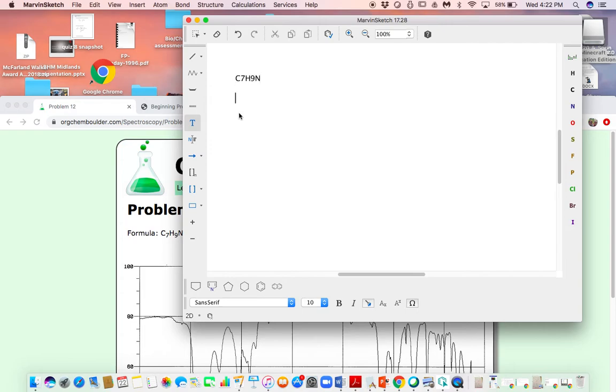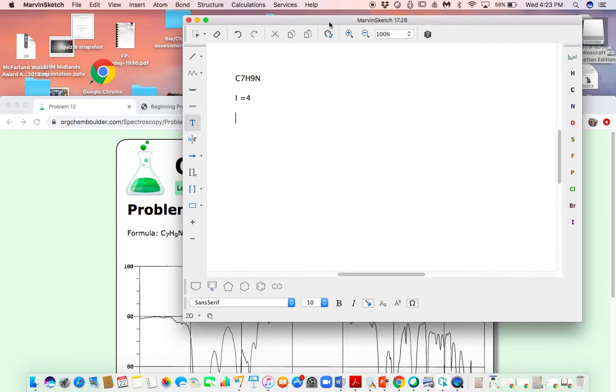All right. Now this one is going to be much different as far as the index goes. Once you plug everything into the index here, you should get an index of 4. So that means it has some sort of combination of rings and pi bonds that equals 4. So that's pretty interesting.